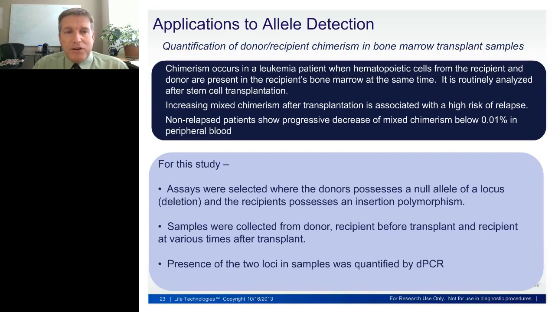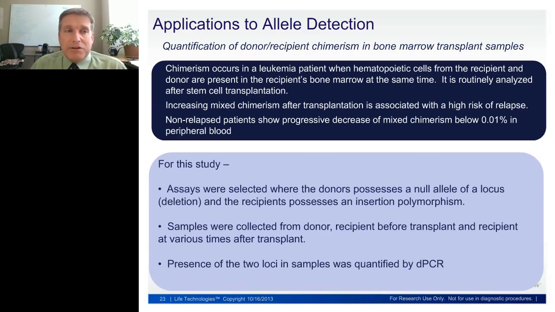So for this experiment, the investigator, Dr. Jimenez Velasco out of Malaga, Spain, designed 7 different assays, and these were not against particular genes, they're simply against regions where the donor had a null allele, the donor was deleted for this particular region, and the recipient had an insertion.